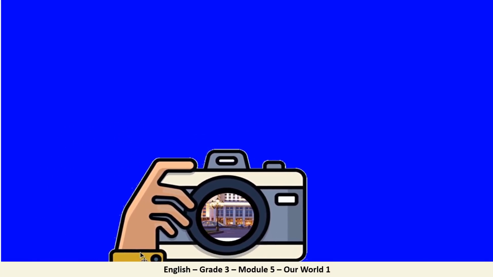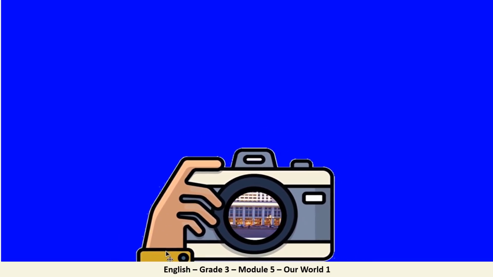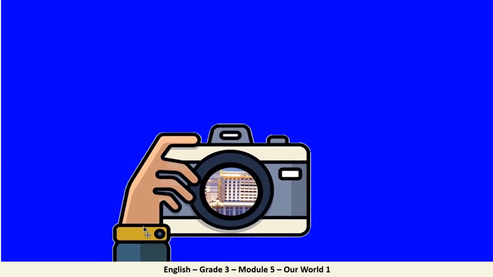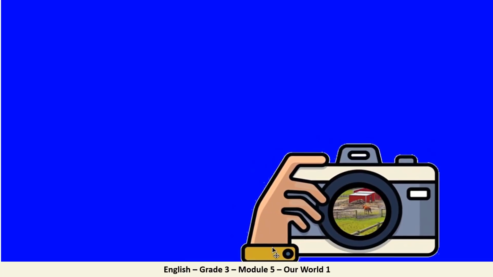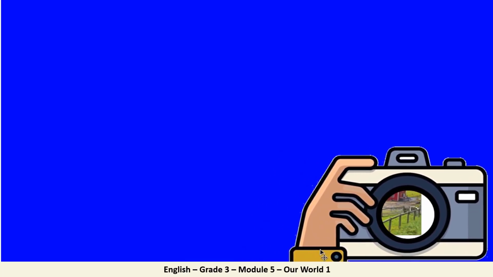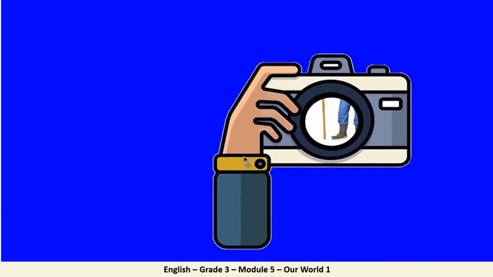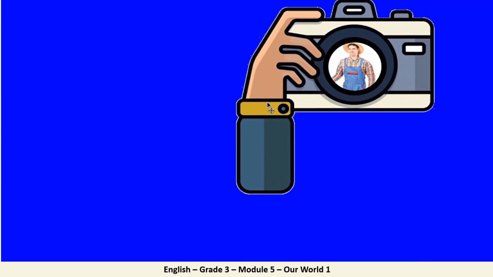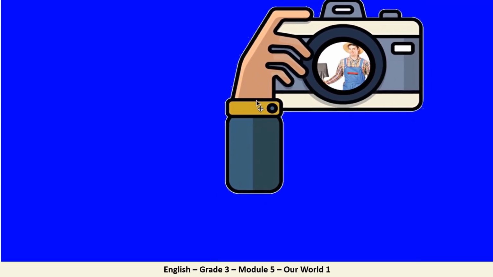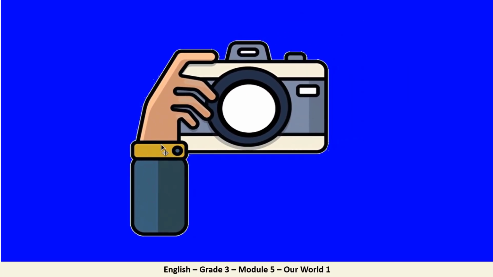A beautiful building. Wow, it's probably a hotel. Wow, there are a horse, a farmhouse, grass, and trees. It is a farm. And what about this picture? Here, yes, probably he's a farmer. Excellent, my dear students.